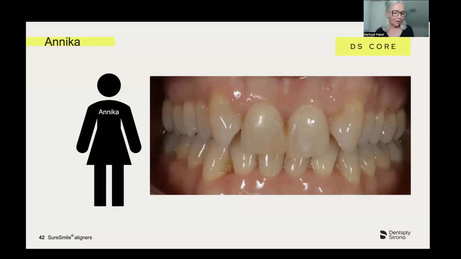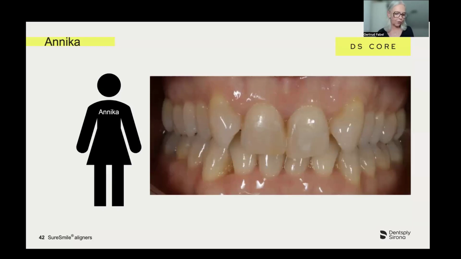Okay, so not only that, she had a second treatment in her 30s, and nevertheless, she wanted to make a third attempt and start again an aligner treatment in my practice with now very specific and detailed wishes for her treatment.